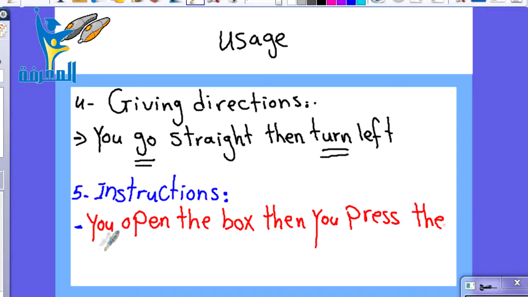Press the green button, and so on. Here we use open and press. These are present simple verbs.